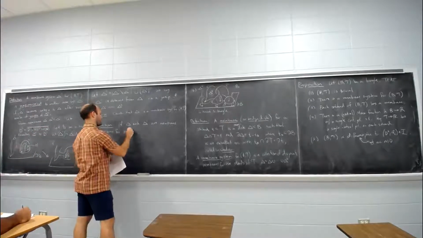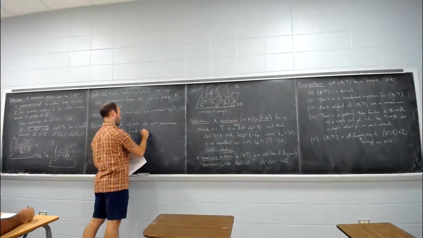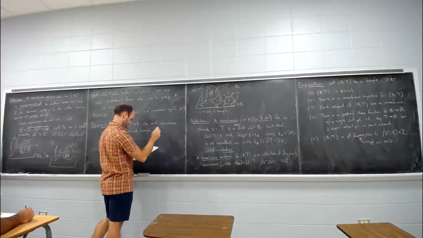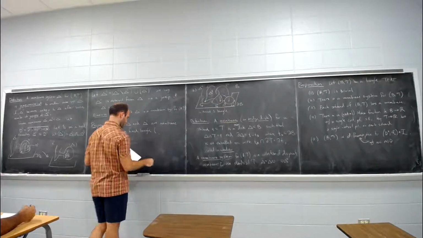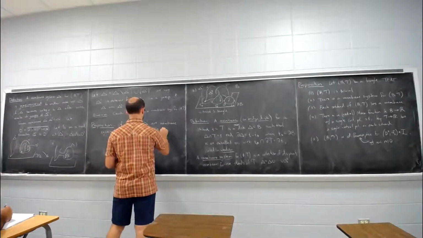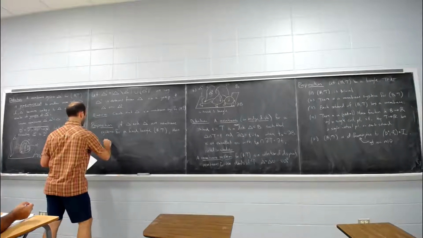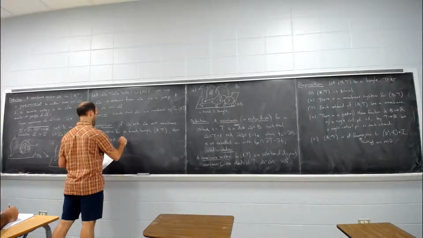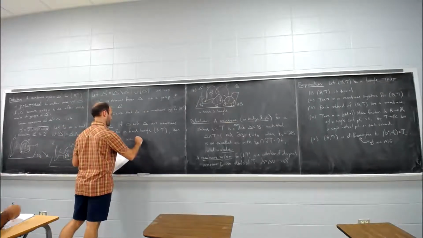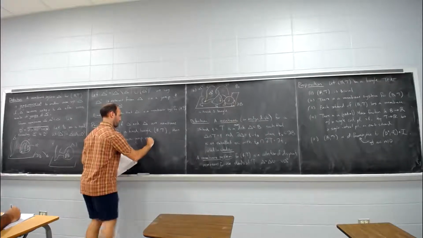Let's write it down. A fixed angle. Then delta and delta prime are jump equivalent.